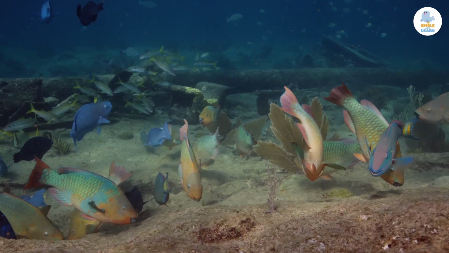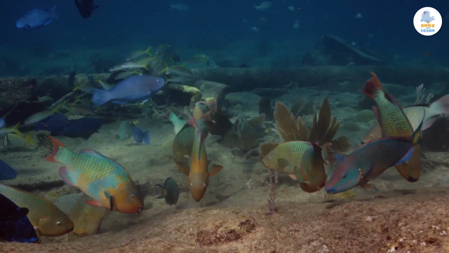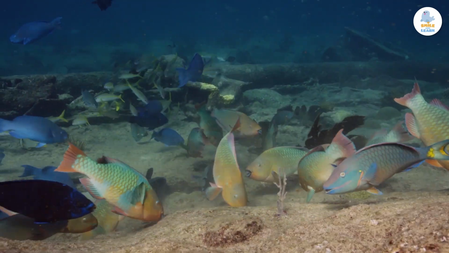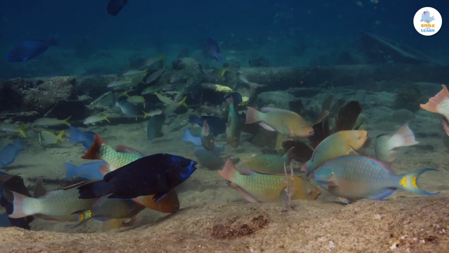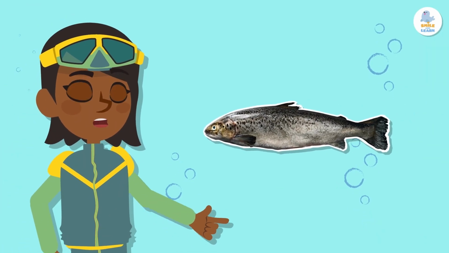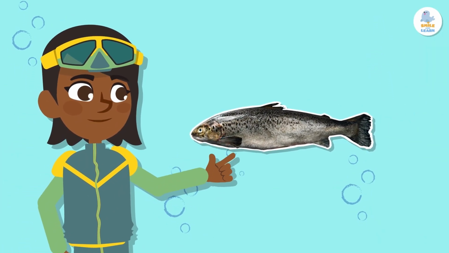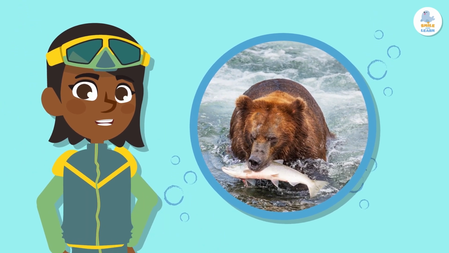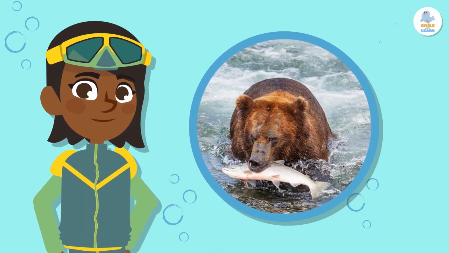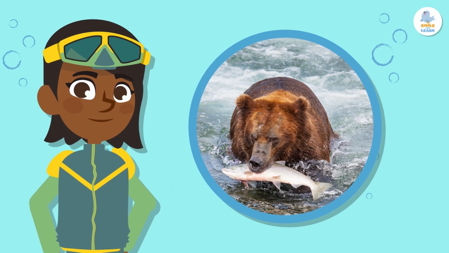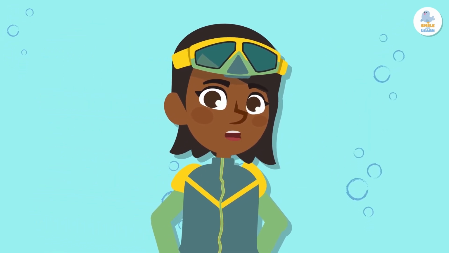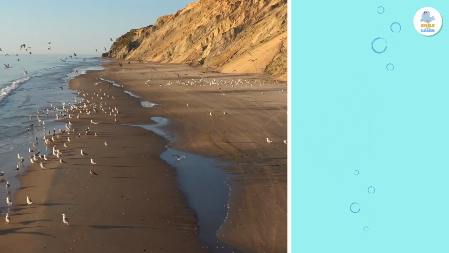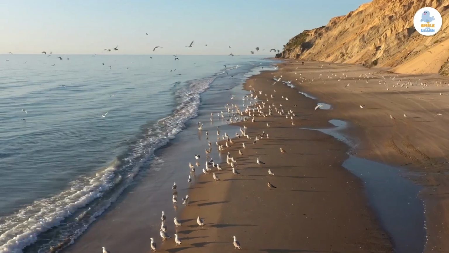The living things that make up aquatic food chains get their food from aquatic habitats. They can live in water, like fish, but they can also live on land and eat aquatic living things like bears. That is why we say that aquatic food chains happen both near and in water.